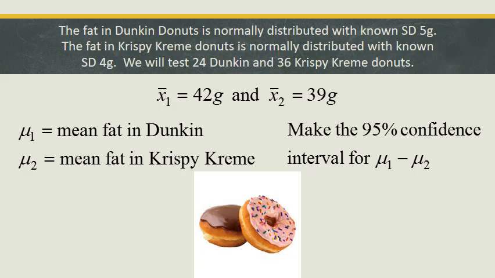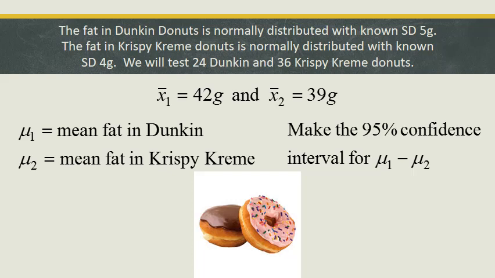Our first example here is about fat content in donuts. The first difference that you'll probably notice is that now there are two different kinds of donut. Let's call Dunkin' Donuts population 1 and Krispy Kreme population 2. So everything has a little number next to it to indicate where it comes from.